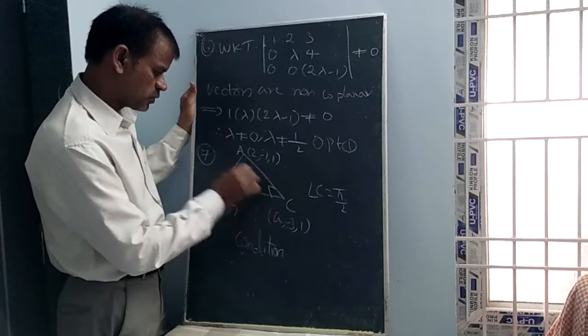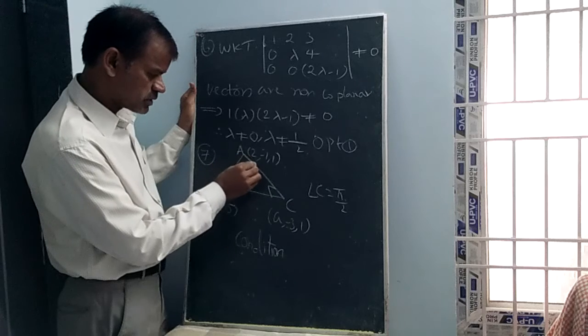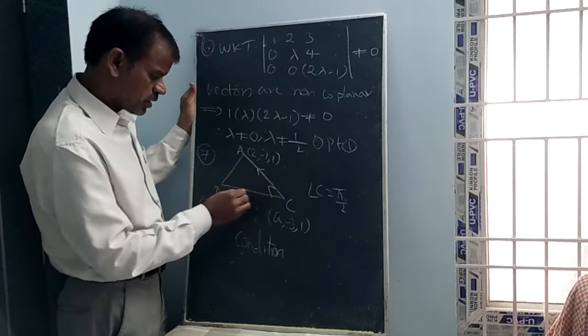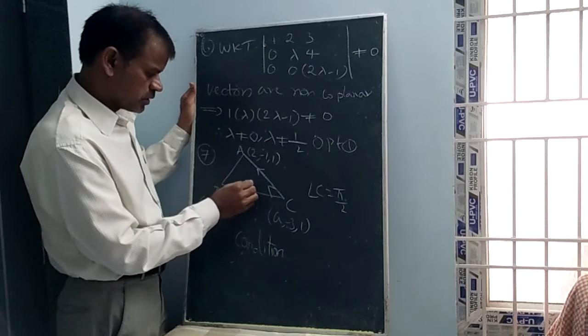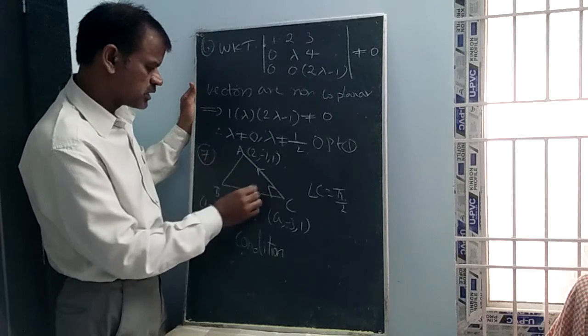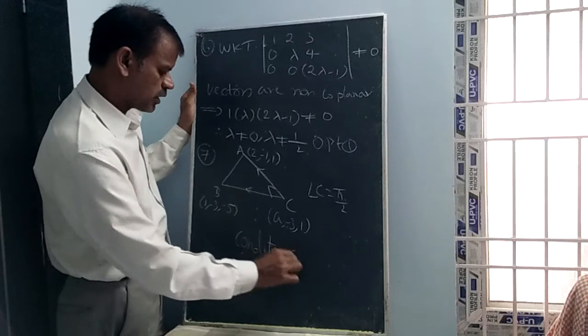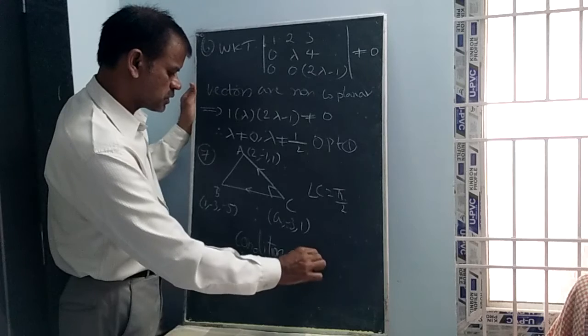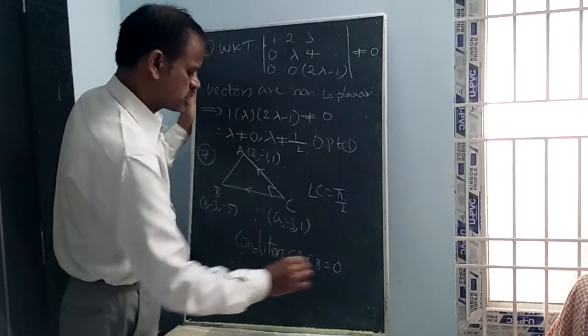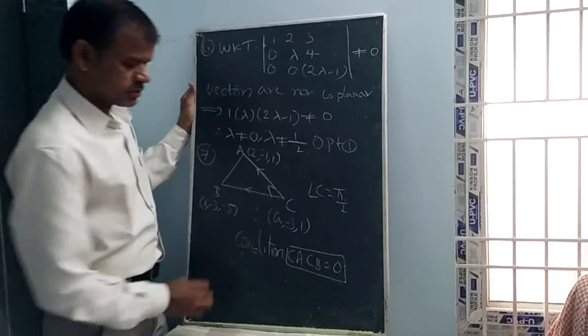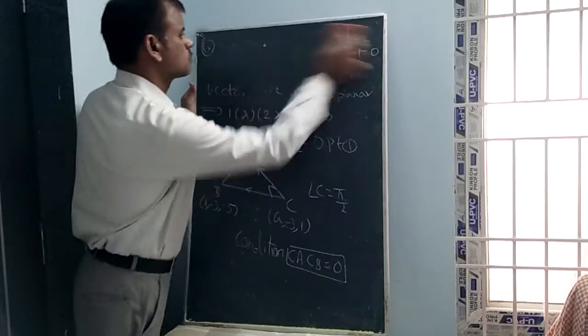These are the common sides, CA and CB. CA dot CB is equal to 0. C is the common angle.